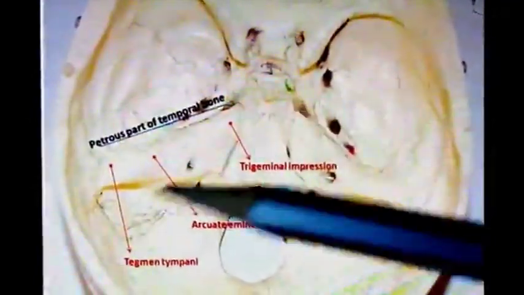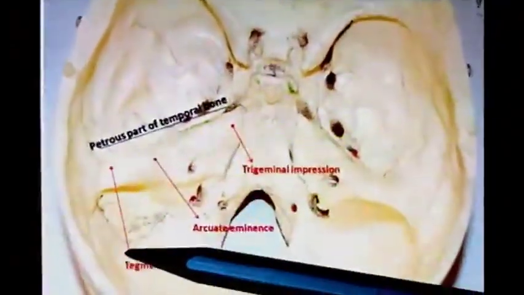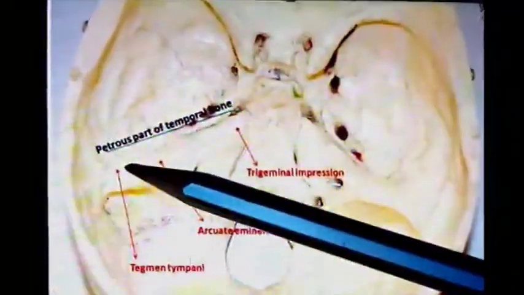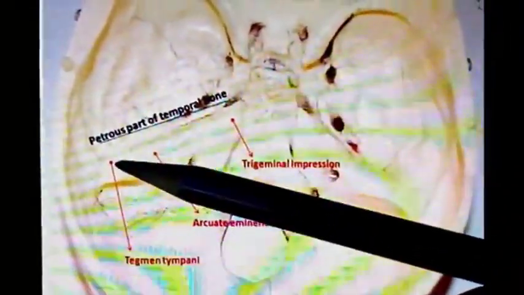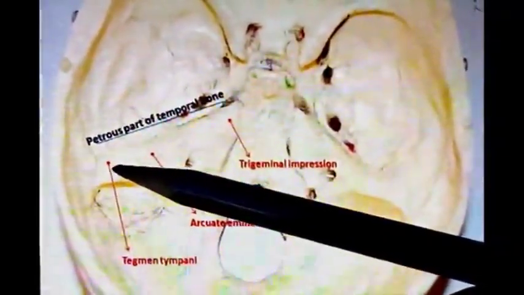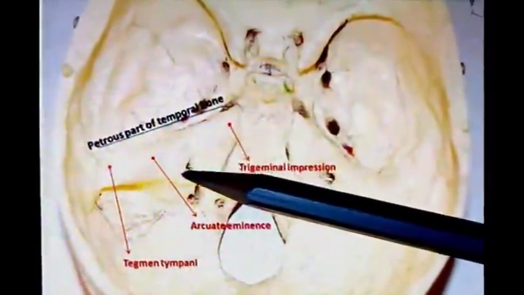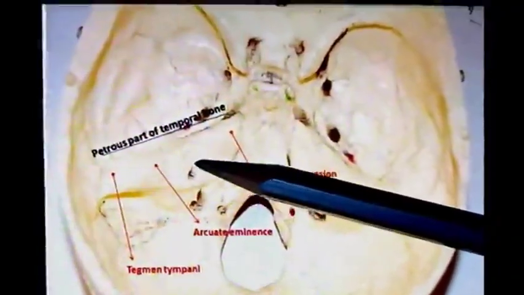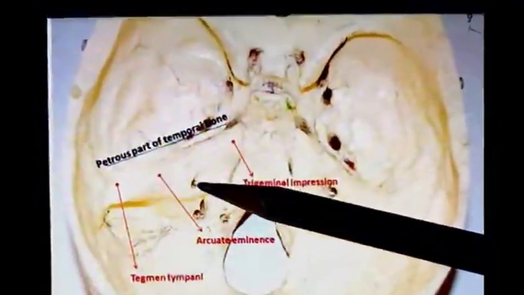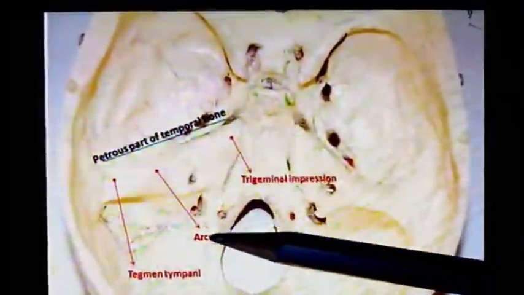Here we can also find tegmen tympani, that is the part of petrous temporal bone forming roof of the middle ear cavity. And this is internal acoustic meatus present on posterior surface of petrous temporal bone. It is the opening from which vestibulocochlear nerve passes from ear to the skull.